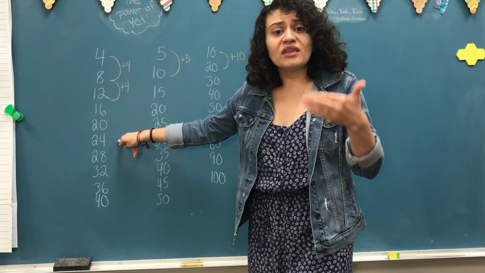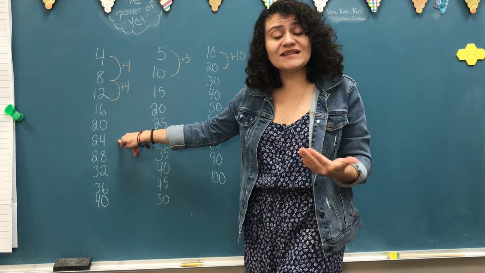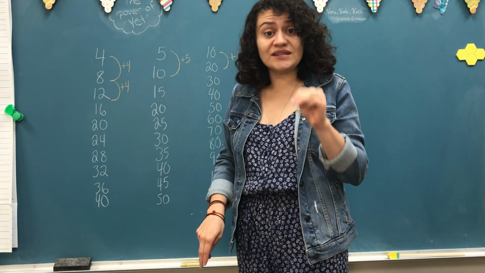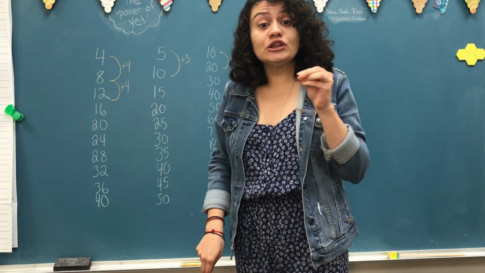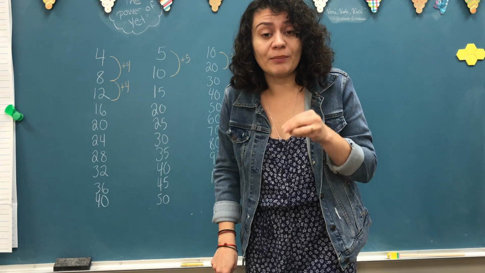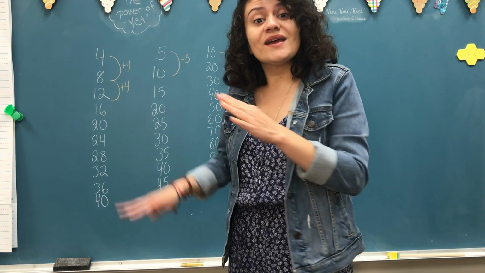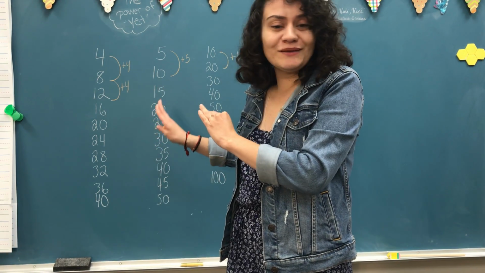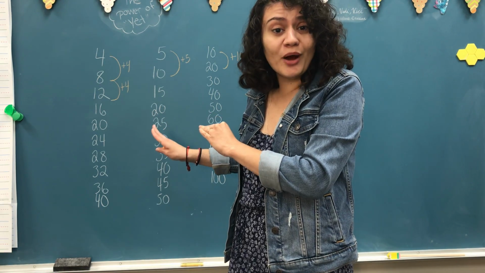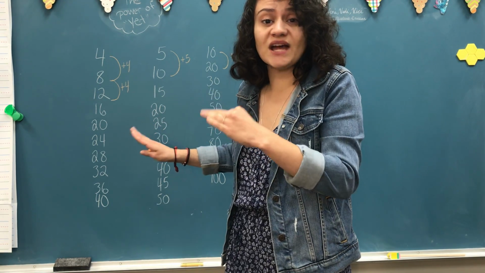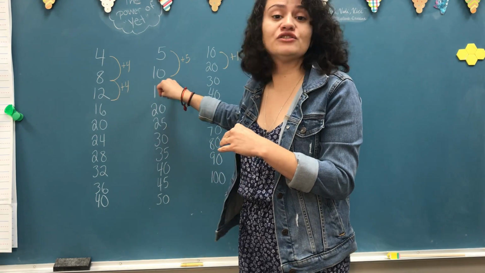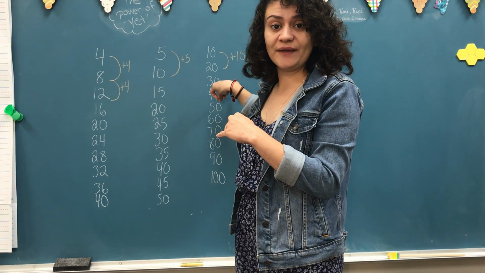So be thinking about what you just did with your 2's and your 3's, okay? And you can even look back at those workbook pages, because it's going to be pretty much the same type of problem, but done using your 4's and your 5's and your 10 facts, okay?